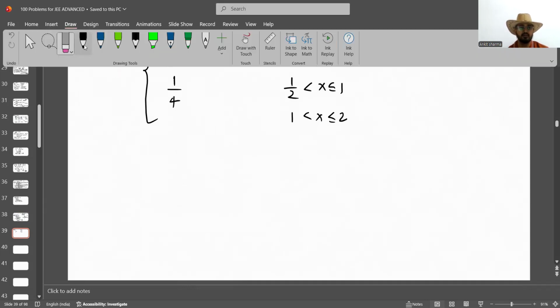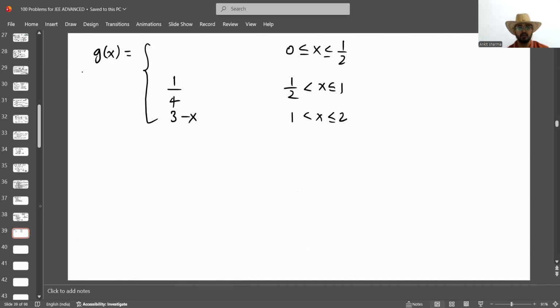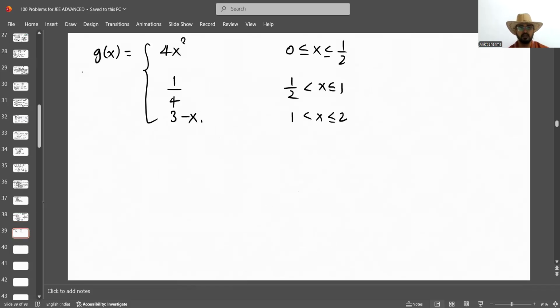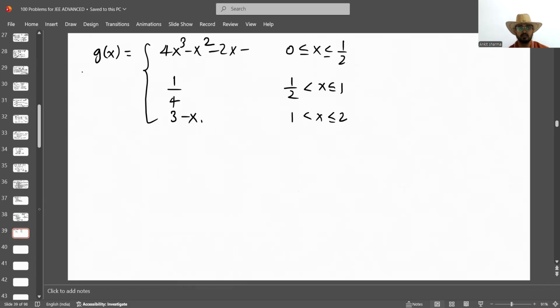We have the second function that was given to be, I think, 3 minus x here. And then here we have the function itself between 0 to half. So that is 4x cubed minus x squared, and then minus 2x plus 1.